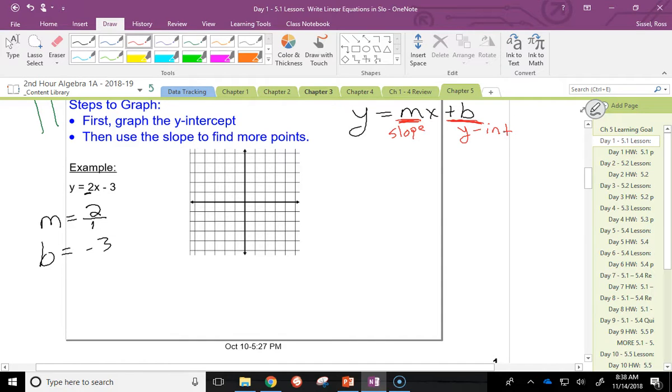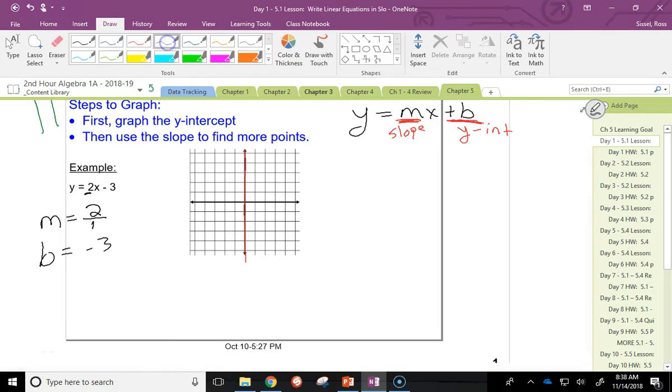Okay. Now to graph, we first start with our y-intercept, because to make a graph, we really need 2 points. I like having 3, so I'm always going to try and do 3. But we only need 2 points. The first point is given to us, our y-intercept. This is our y-axis. Y-intercept means where does it cross the y-axis? And it says it happens at -3.